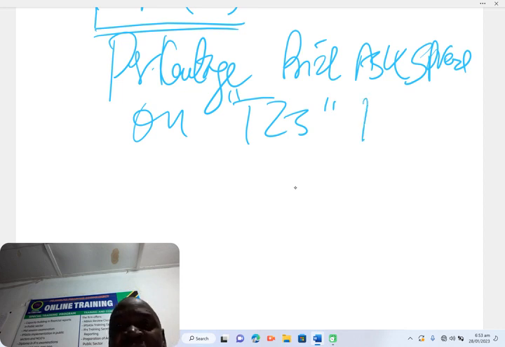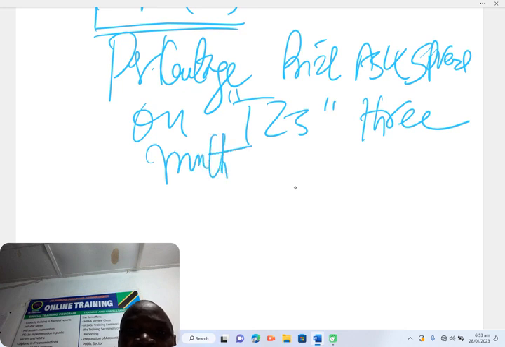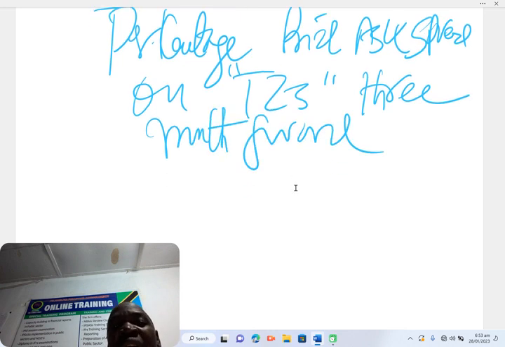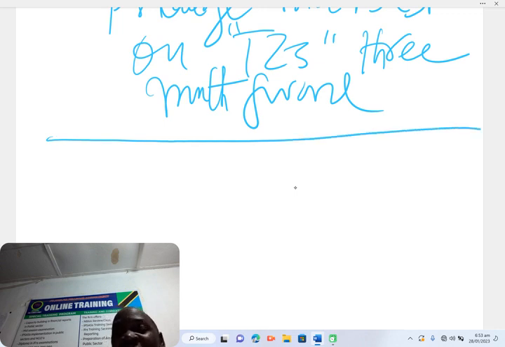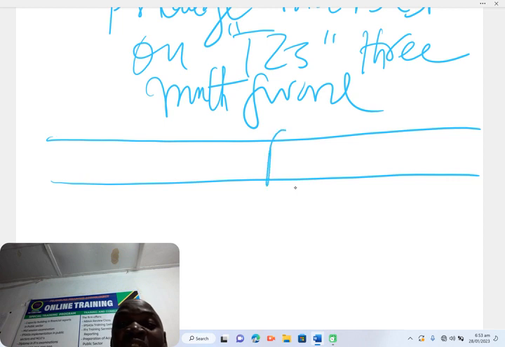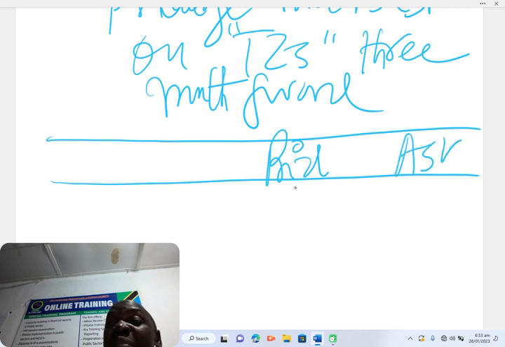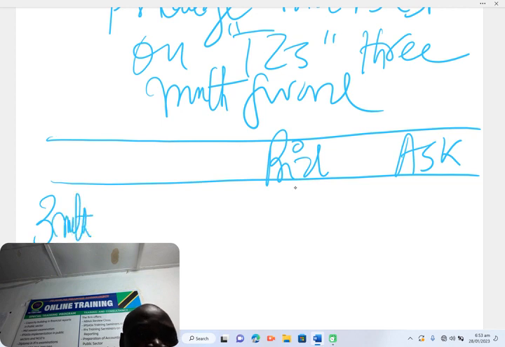3 months forward. Remember, you can compute using spot rate. So this is 3 months forward. So straightforward, you should go to the forward rate. Unfortunately, the forward rate does not indicate evidence that TZS is a trading currency. This is unfortunate. So you have to compute the reciprocal quotation. We have 3 months forward, and what's traded is South African rand.